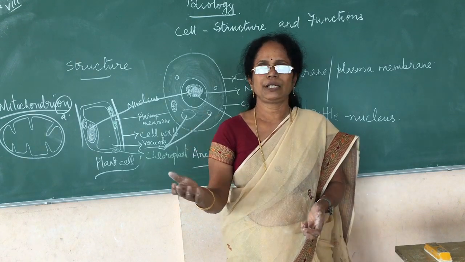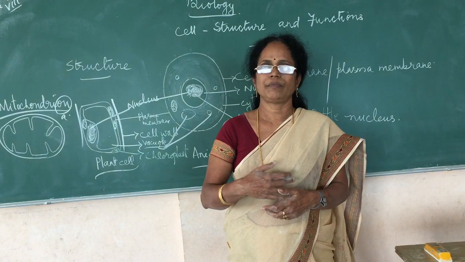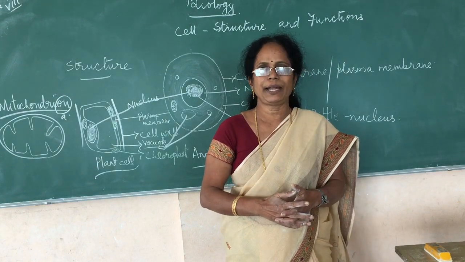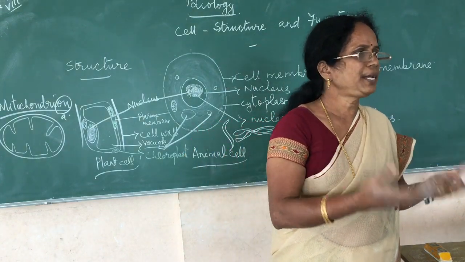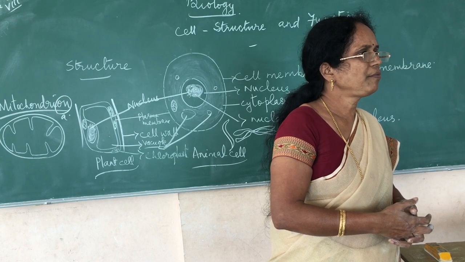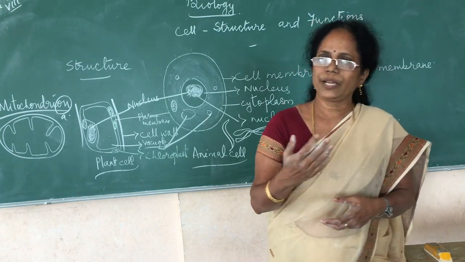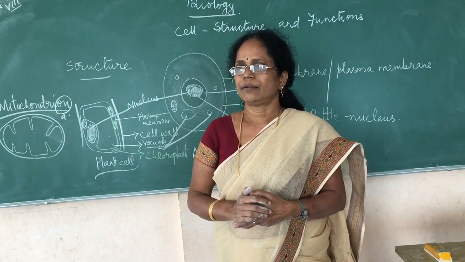In future you can label more and more parts. At present, so many parts are not required, but for you all, extra information is given to read those organelles. Nothing wrong.